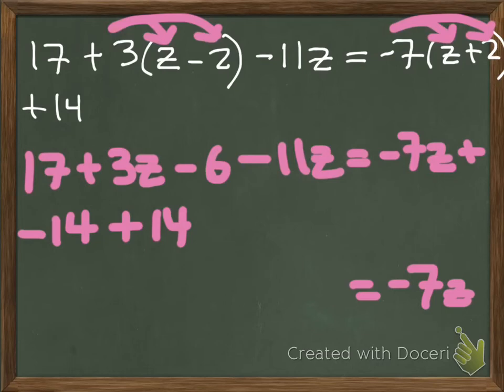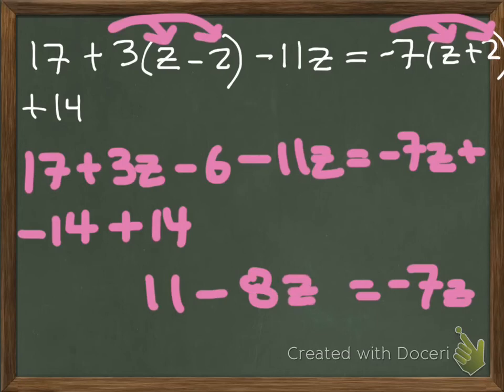And then we have 17 plus 3z minus 6 minus 11z. So we can combine the 17 and the 6 by reading from left to right. So 17 minus 6 is 11. And then we have 3z minus 11z, again reading from left to right. So that's going to give us negative 8z.